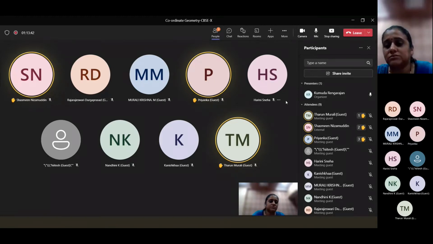Yes, ma'am. Yeah, please lower your hands. Tashmin and Priyanka. Ma'am, it's not going down, ma'am. I think there's some problem with it. Tarun, you there?